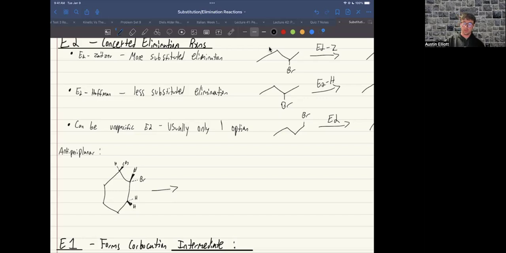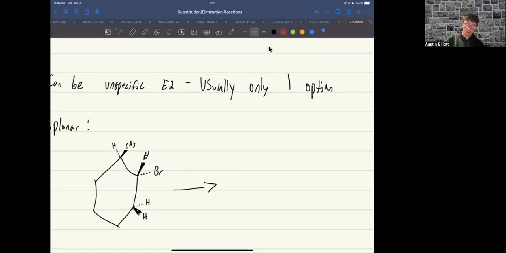So our leaving group is always on our alpha carbon right there, and the carbons directly surrounding that carbon are our beta carbons. Then we have to look at our beta carbons to decide which one of those carbons has a hydrogen that's anti-periplanar to our leaving group.